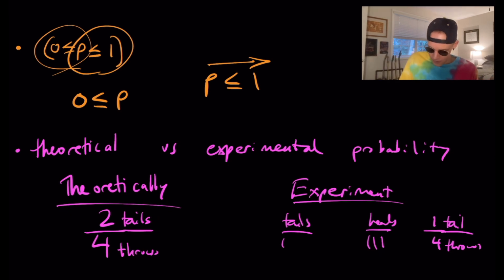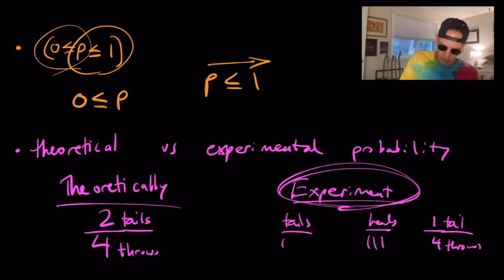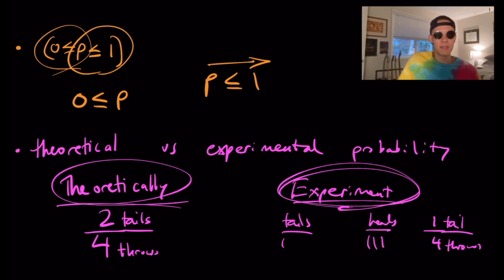Some cases you'll have a bunch of heads in a row, and then you'll have a bunch of tails in a row, but it's all going to average out. So the more throws that you do, or the more trials that you run, you're going to see the experimental probability approach the theoretical. So there you go.